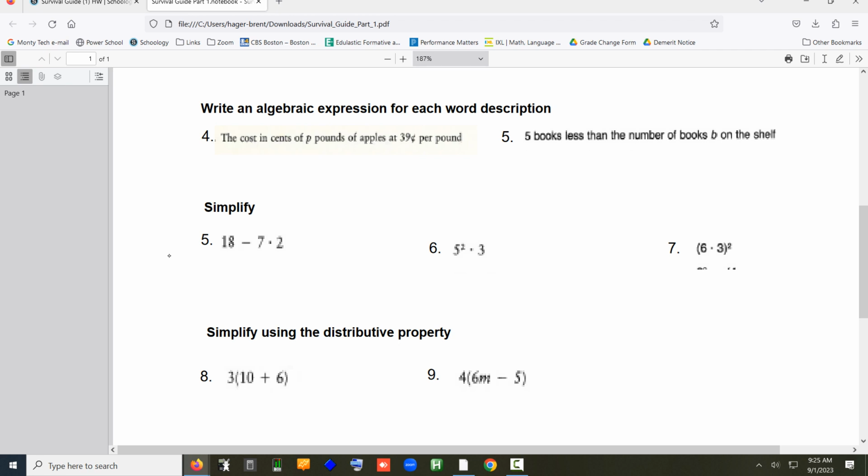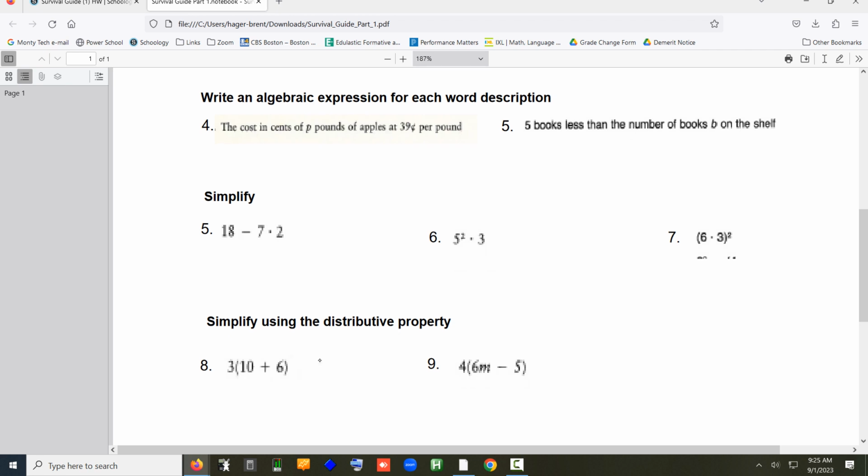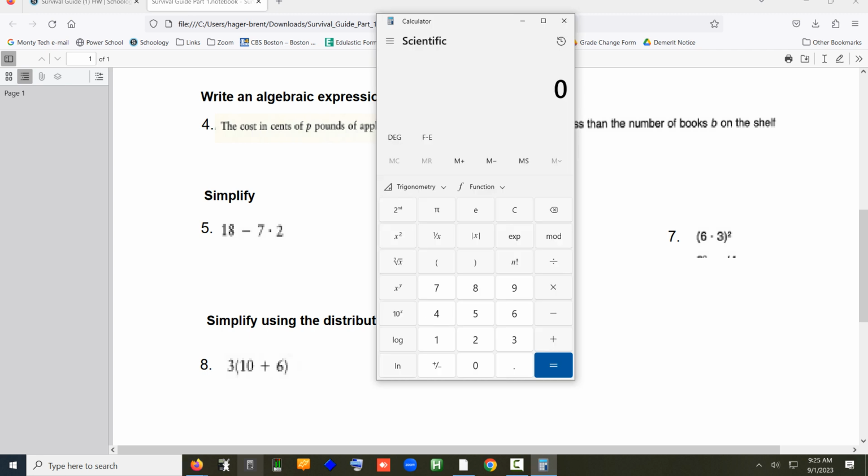Number 6, I know it's a little blurry, but that says 5 squared. Anyone think they got number 6? Sam? 75. Yep. Number 7, I'm going to need a calculator for that one. 324. Yep. You got 324, so that's 18 squared, right? 18 times 18. Yep, so that's 324.